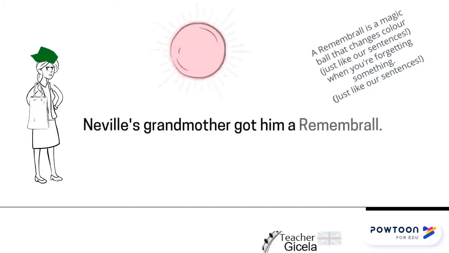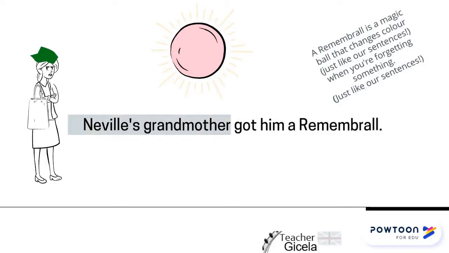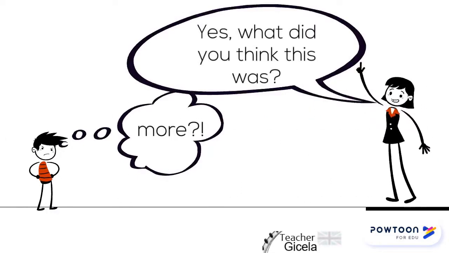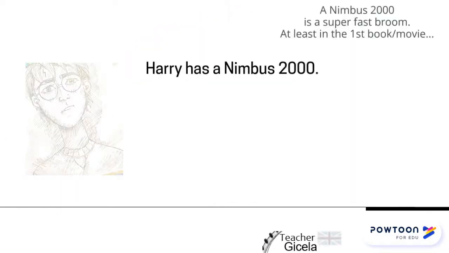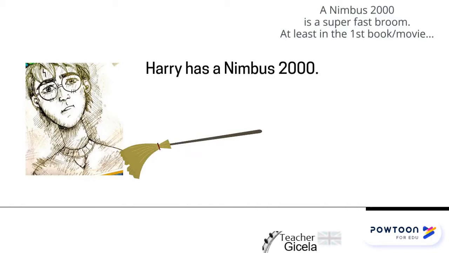Let's see another example. Neville's grandmother got him a rememberall. Subject, Neville's grandmother. What did she do? Got something. What did she get? A rememberall. Is it a bit clearer now? Great. Let's do a few more examples. Harry has a Nimbus 2000.